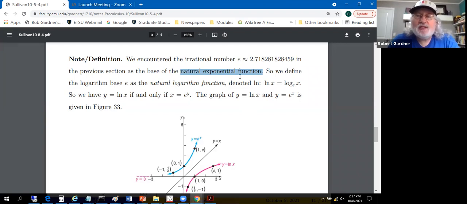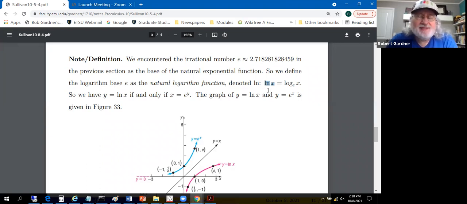So we had a natural exponential function. Then the natural log function would be the inverse of that function. Let's define log base e of x as the natural log function, commonly denoted ln of x. So instead of writing log base e of x, it is common in calculus classes and pre-calculus classes to write that as ln of x. Maybe this is a common notation in physics classes as well.